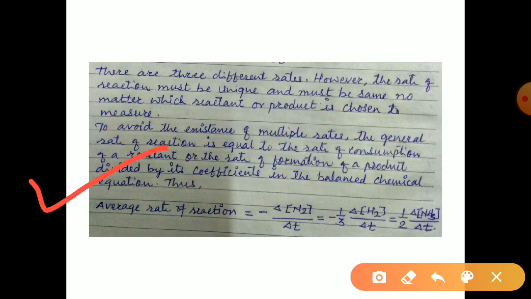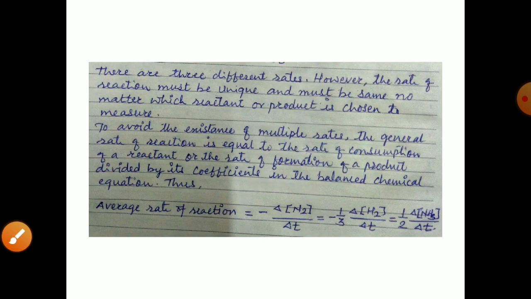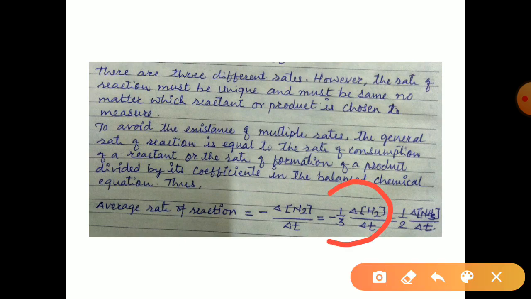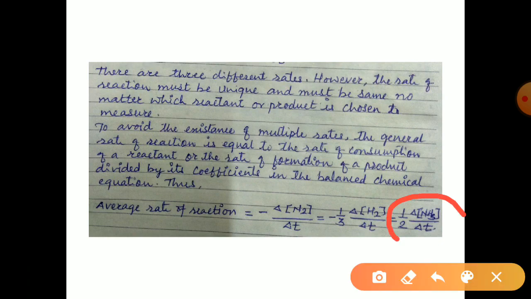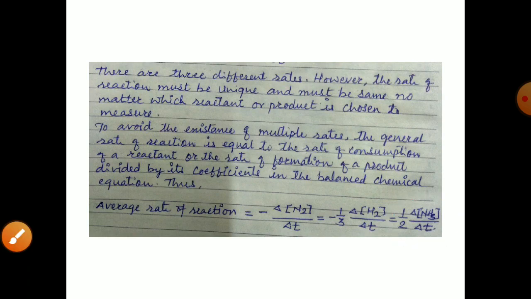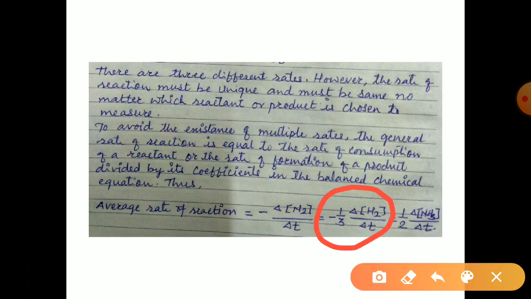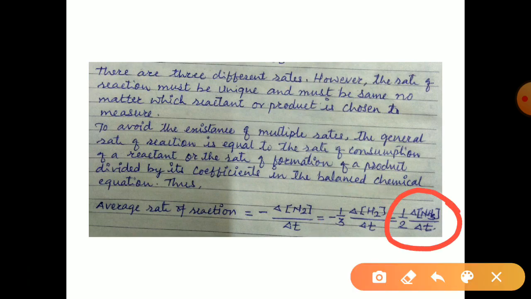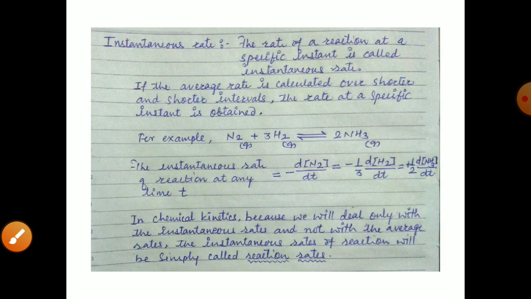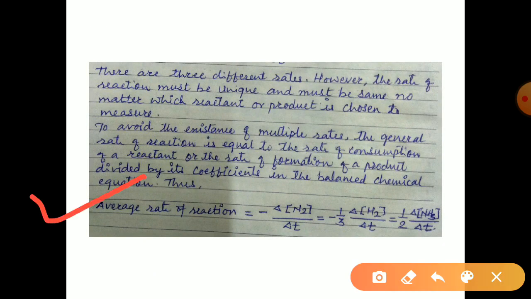So the average rate of reaction for the formation of ammonia can be written as: rate of disappearance of N2 is equal to 1 by 3 times the rate of disappearance of H2, and it is half of the rate of formation of ammonia. So this was all about the average rate.